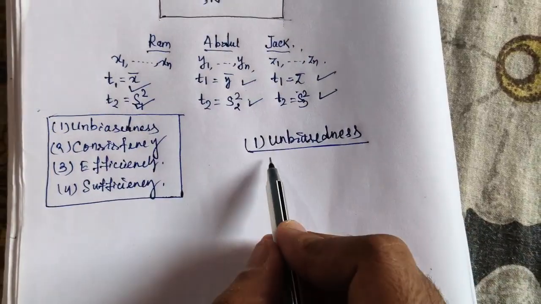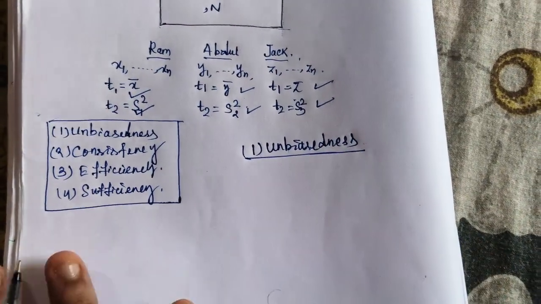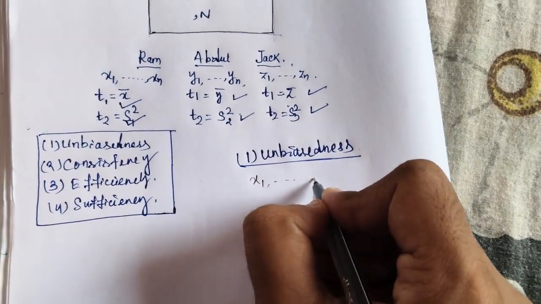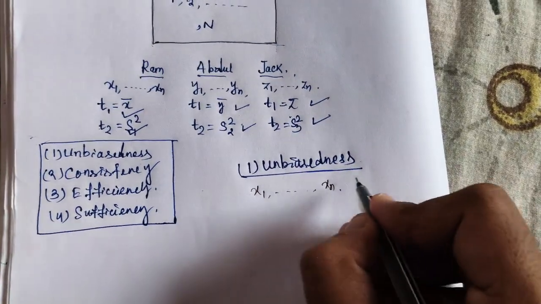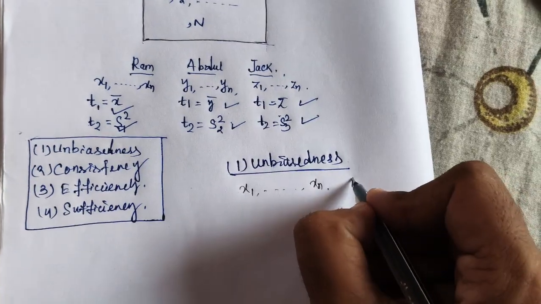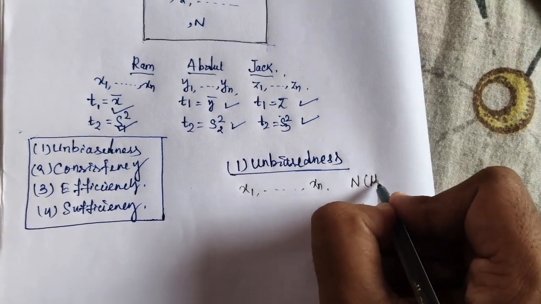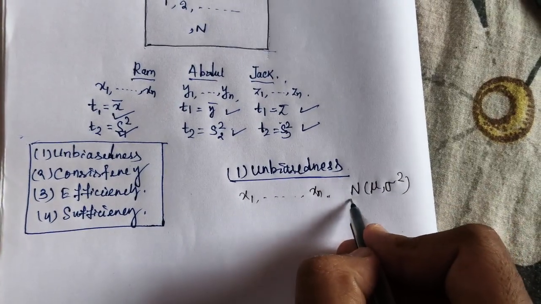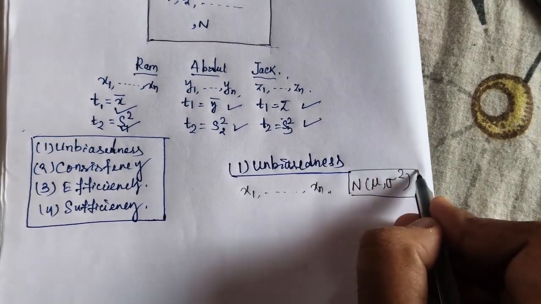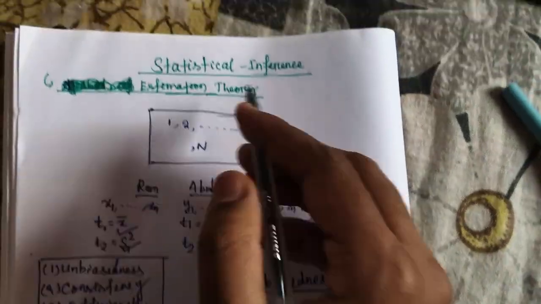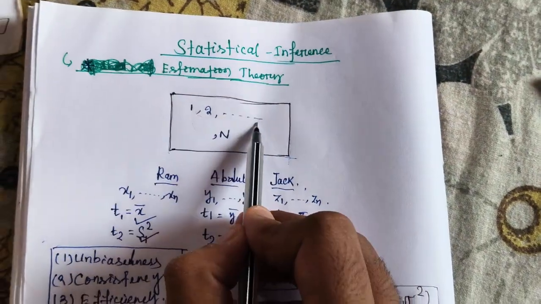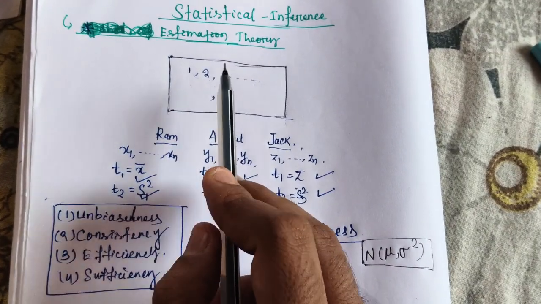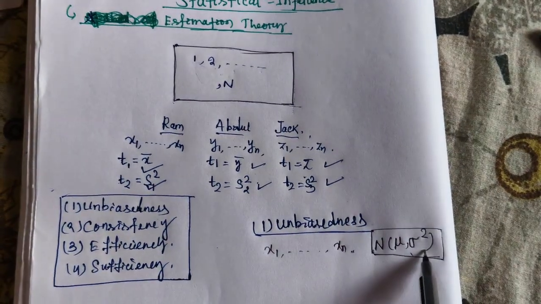Now first of all the question comes, what is unbiasedness? Let we have sample values x1 up to xn, which come from a population which we can say is normally distributed with mean mu and variance sigma square. So this is the distribution of the population. Here we have taken the population 1 up to n. We assume this follows the normal distribution with mean mu and variance sigma square.